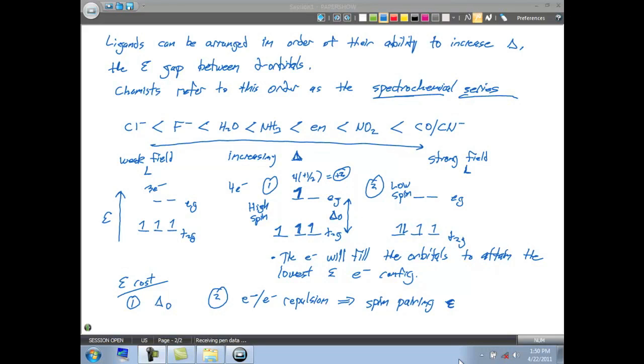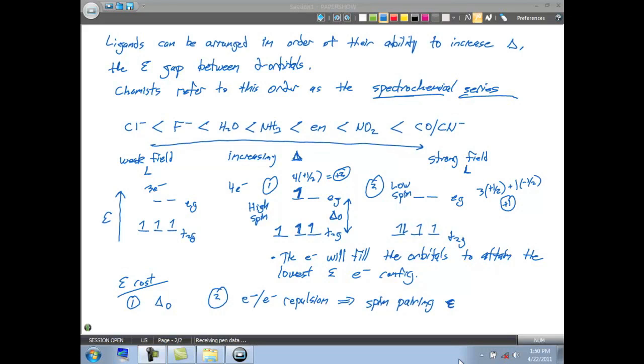In the low spin case, if we look at each of these electrons, 3 electrons have a positive 1/2 spin, and 1 electron has a negative 1/2 spin. So our overall spin here is going to be +1. This is why we call one case high spin and another case low spin.